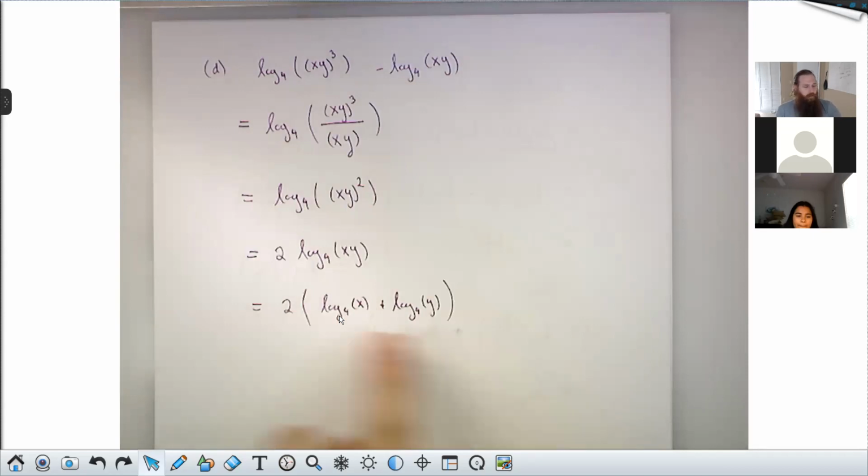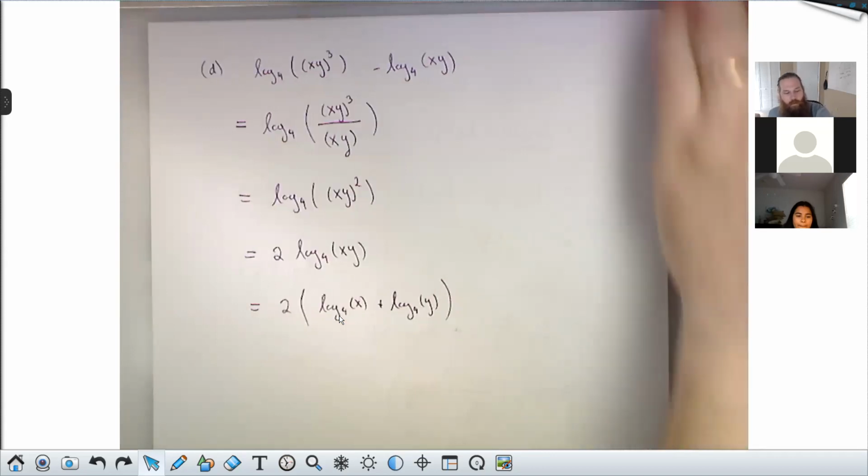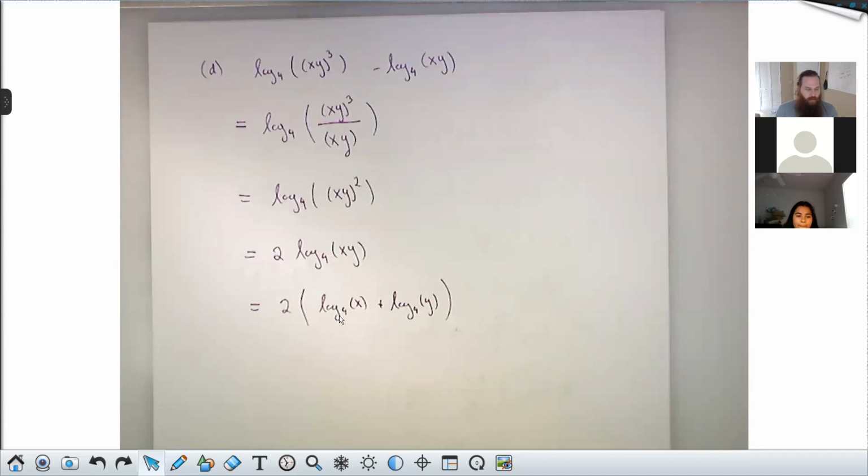But from here, it's very clear to me that, oh, okay, if this is to be defined, x must be positive. If this is to be defined, y must be positive. And in the context of problems that I'll ask you guys to solve on tests and in homework, I'll always be really clear about what I mean by most simple, either fully expanded or written as a single logarithm. That's a good question.